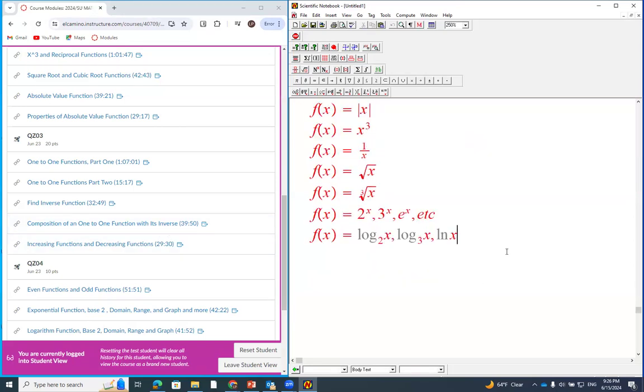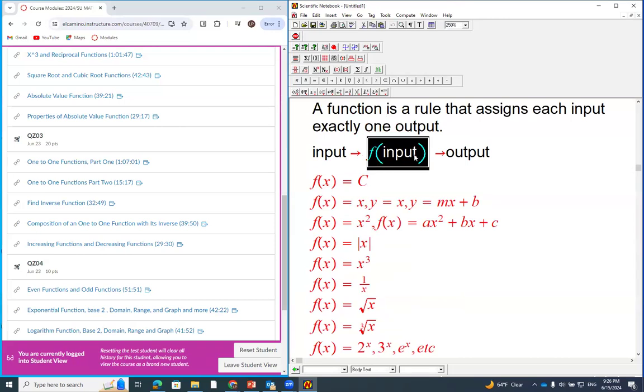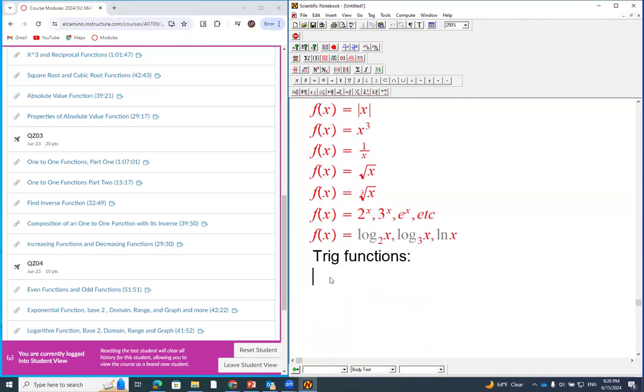What's coming next are the trig functions. Trig functions are also rules. You have heard about trig functions such as the sine function, cosine function, tangent function, cotangent function, cosecant function, and secant function.